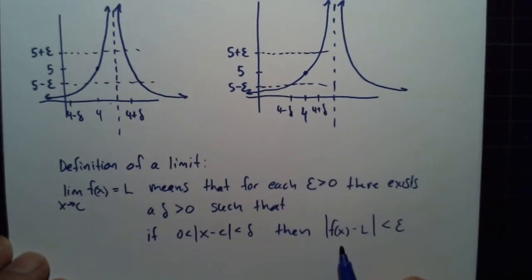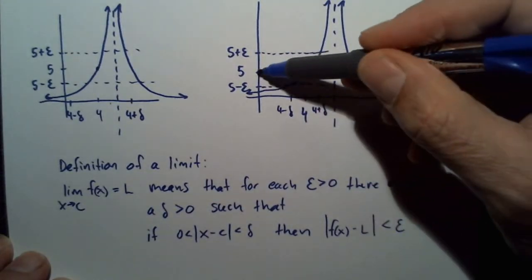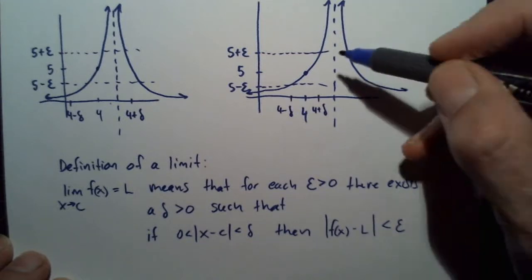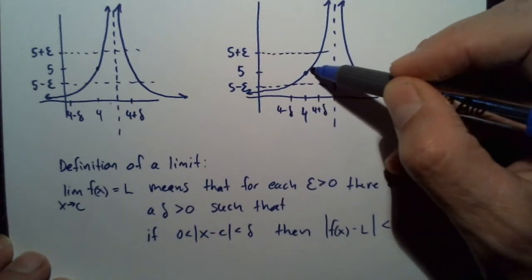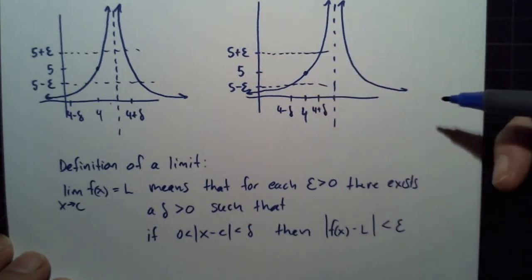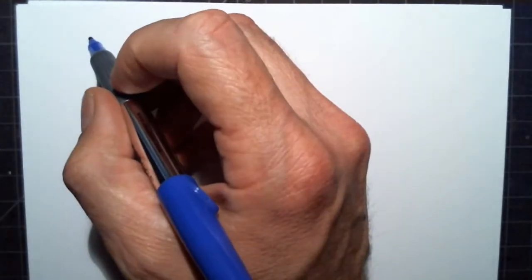Now, L corresponds to 5, and then f of x corresponds to all the y values that we would find choosing any x value within delta. And here is how the proofs go.